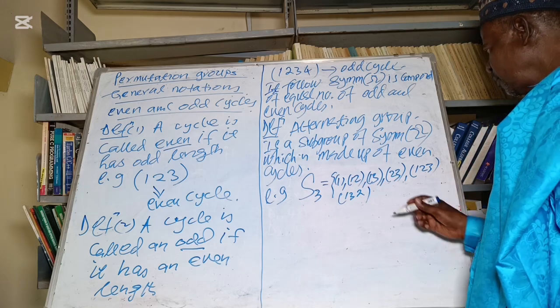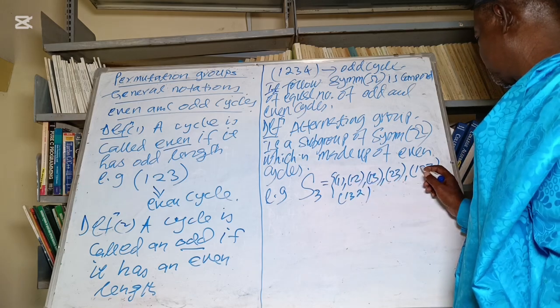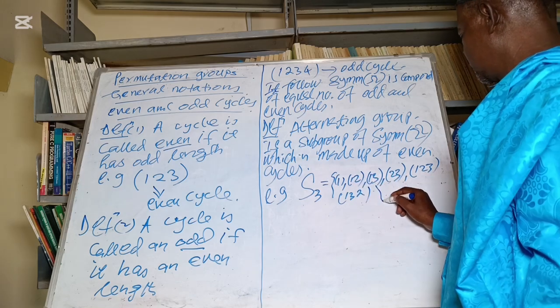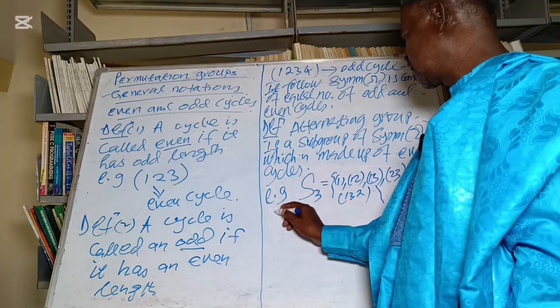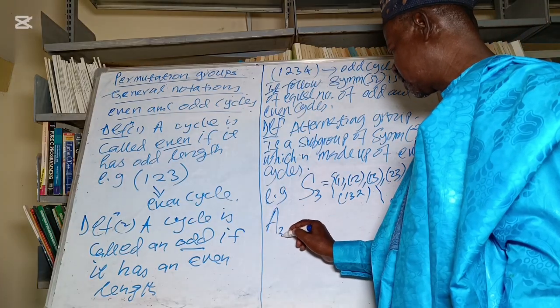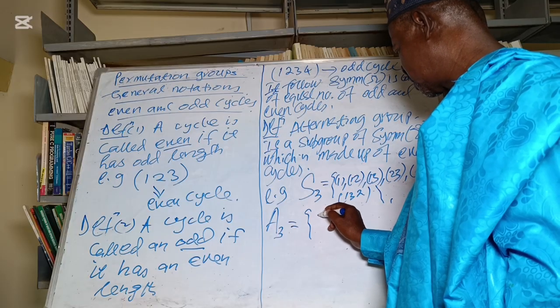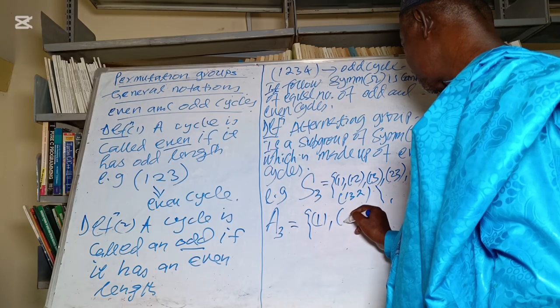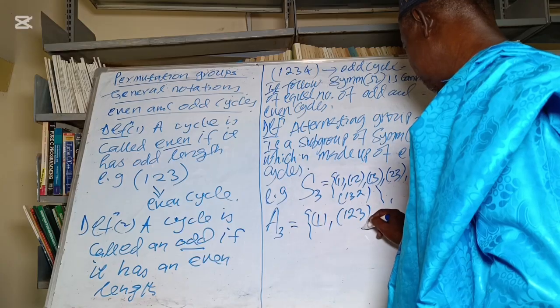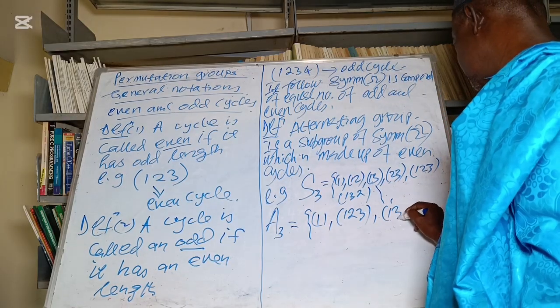How many? 1, 2, 3, 4, 5, 6. Six elements. It follows that A3, the alternating group of degree 3, is a group containing the identity, (1, 2, 3), and (1, 3, 2).